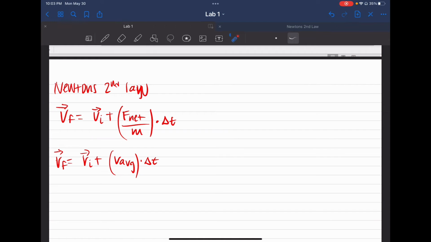The lab uses Newton's second law to predict the final velocity, and because we assumed that F net was zero, this whole term became zero, and so the final velocity was just the same as the initial, which meant it never changed. However, the final position was updated using this. Each time these numbers were the same, and then you just multiplied it by the change in time, which was always increasing. And so the final position constantly increased.